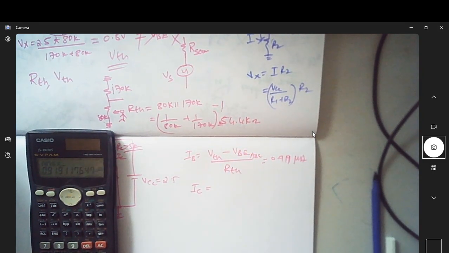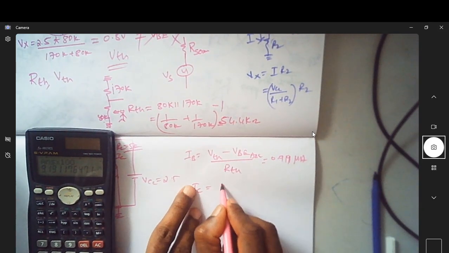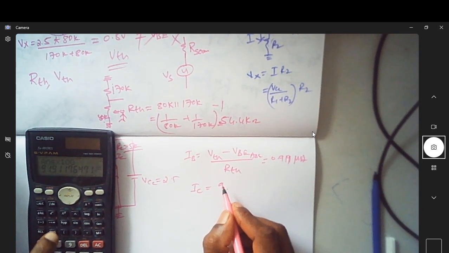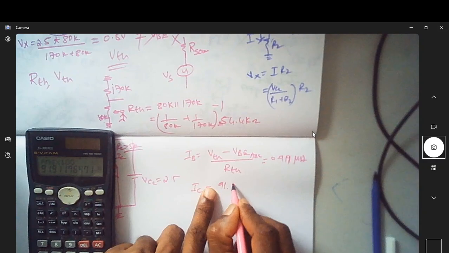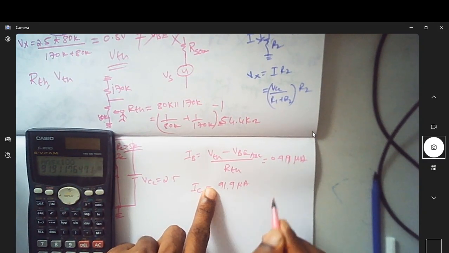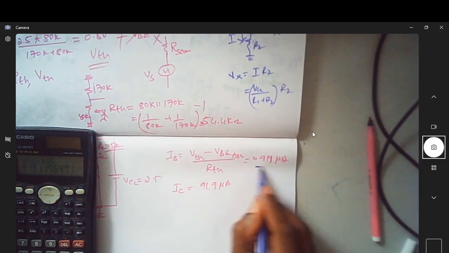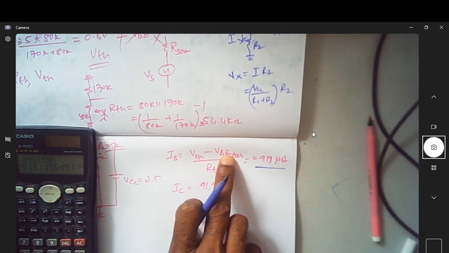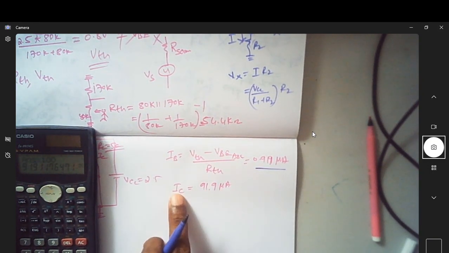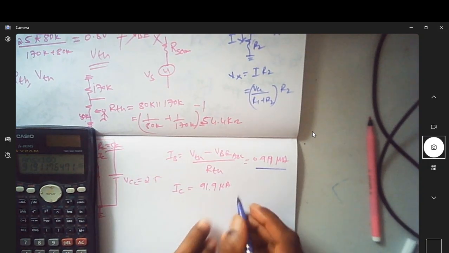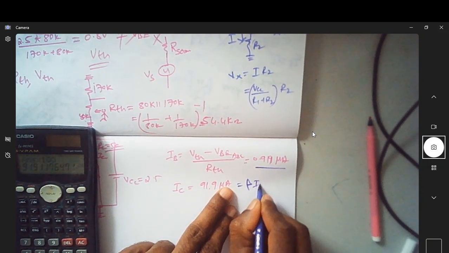Then this is into 100, which is nothing but 91.9 microampere. So this is the value of IB you got with an assumption of VB as so and so, and this is IC, which is nothing but beta times IB.